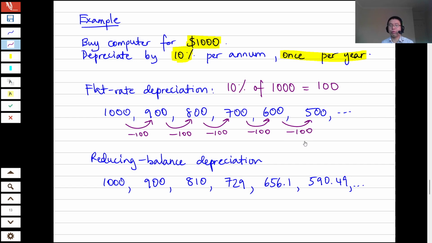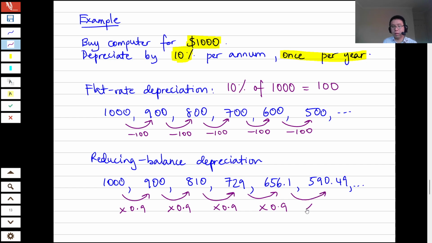However, with reducing balance depreciation, I recalculate this 10% every year. So this time, I'm going to multiply by 0.9 each time. And a very interesting thing happens.